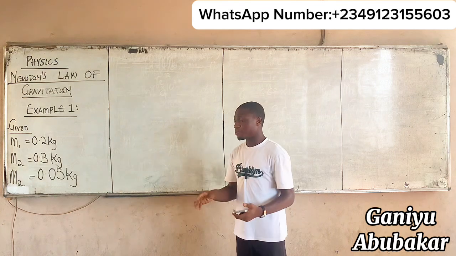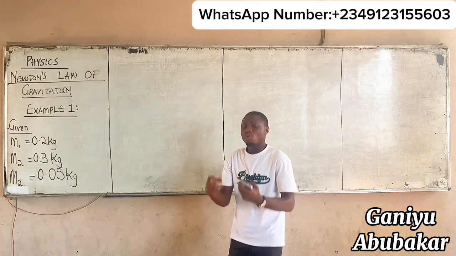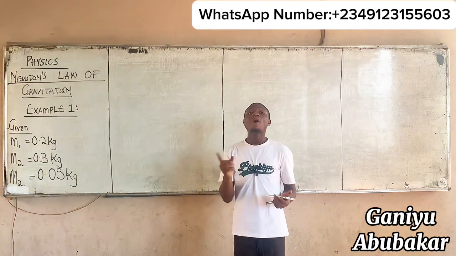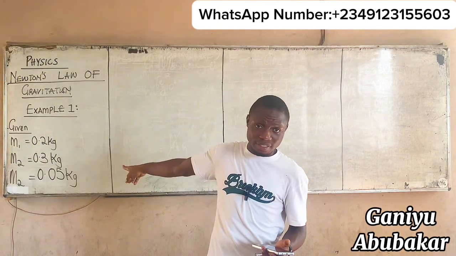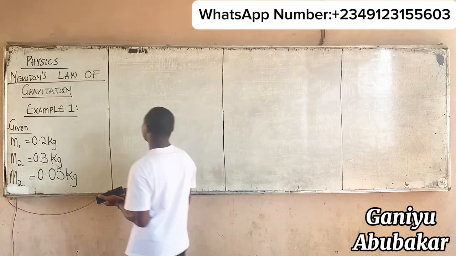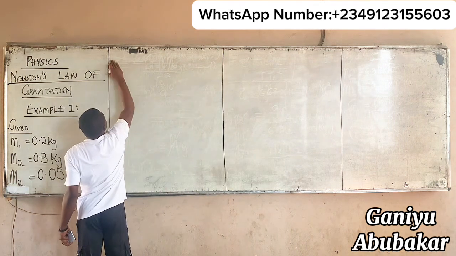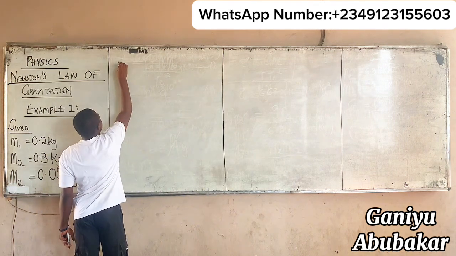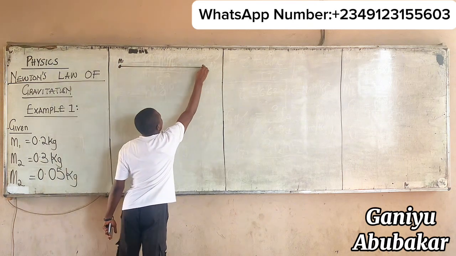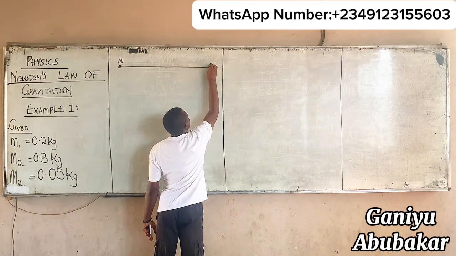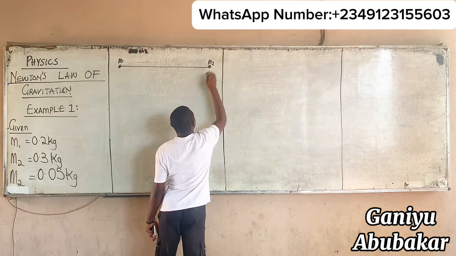Here is a concept. To get an in-depth understanding of this question, I'll have to draw a diagram that will illustrate this. What do I mean? Look up please. Given two particles, let's say the first particle M1 is here, and of course my M2 is here.